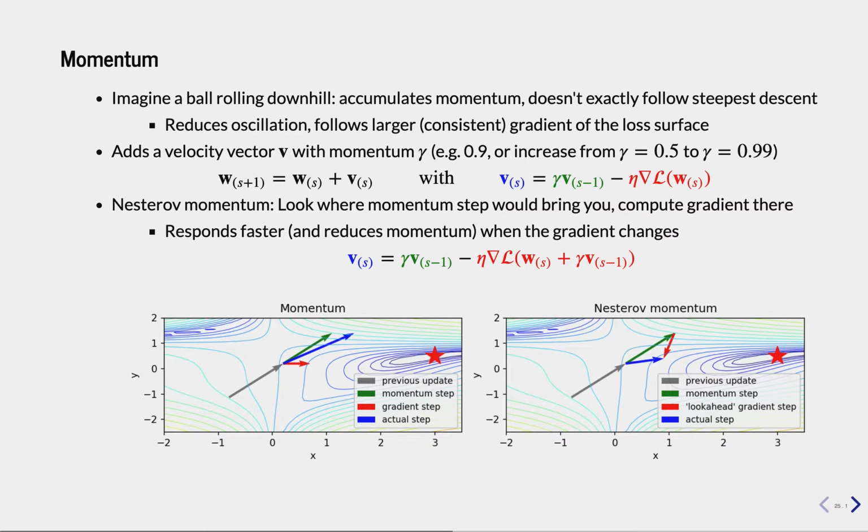Now, a very useful technique is momentum. So the idea here is that imagine that you have a ball, and this ball rolls down our gradient surface. Right, so you start at some point here, and then you end up here. Now this ball is rolling down the surface, and in the previous time step, it made a jump from here to here.